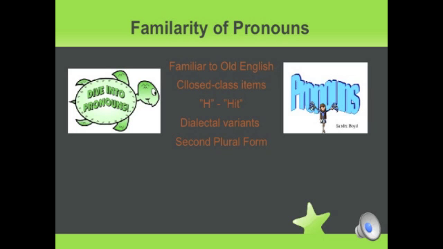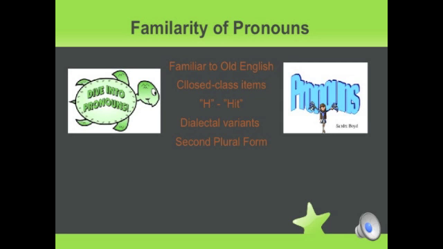The familiarity of personal pronouns. Modern English personal pronouns look familiar to Old English, despite the less familiar spellings. Modern English pronouns still mark case to some extent. This is because pronouns are typical of closed class items. These have changed less over time versus other words in the lexicon.